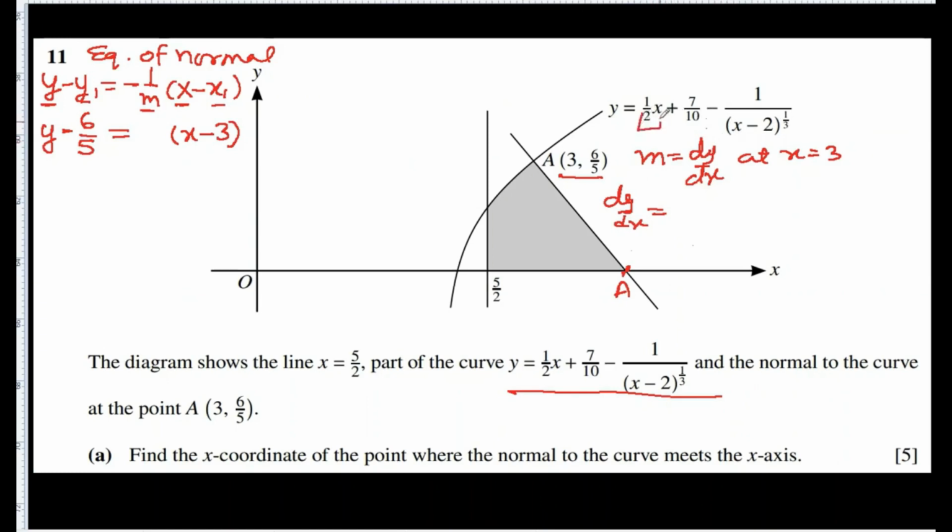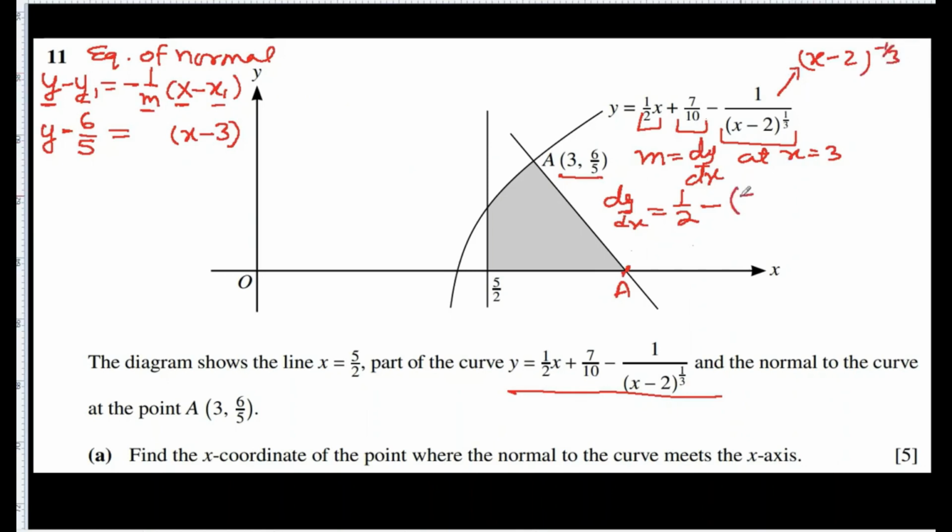Differentiation of half x will be just half. Differentiation of 7 over 10 will be 0, so I'm not writing it. Minus differentiation of this one. Let's change it to some other format first. It will be (x minus 2) to the power minus 1/3. Right? It becomes the power of a function rule. So in that, minus 1/3 will come in front first.